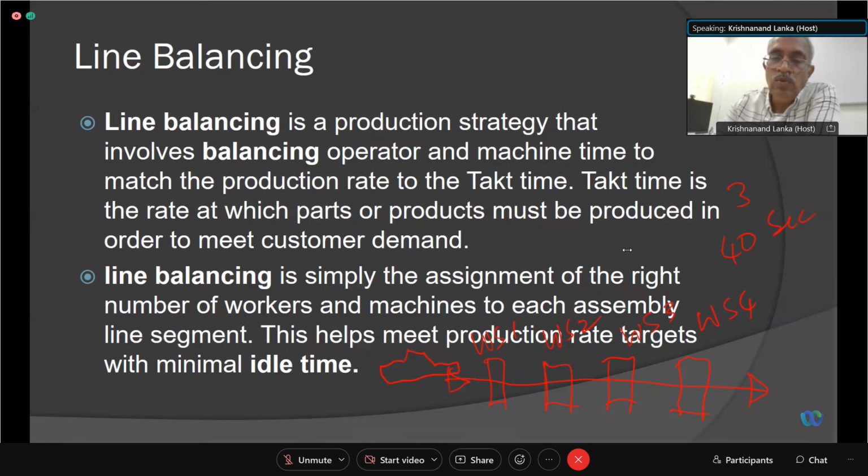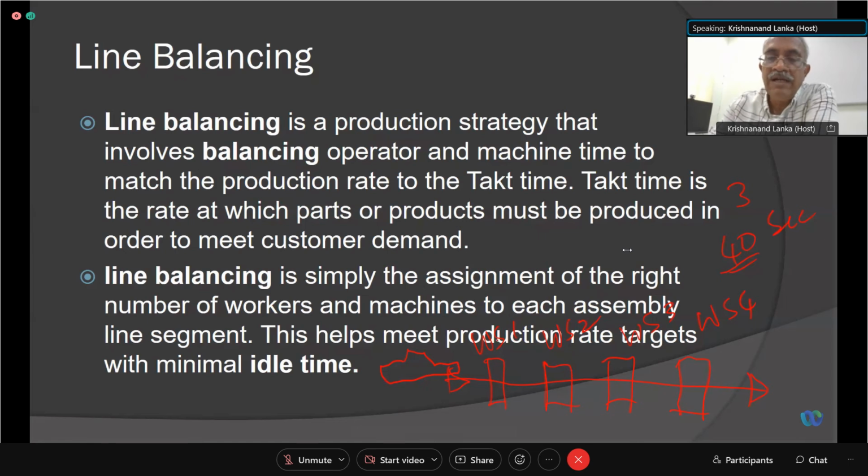That means in each workstation, you try to incorporate work elements which can be completed in 40 seconds. So in assembly line balancing, what we do is we try to see that the total work content of each workstation is not more than 40 seconds.